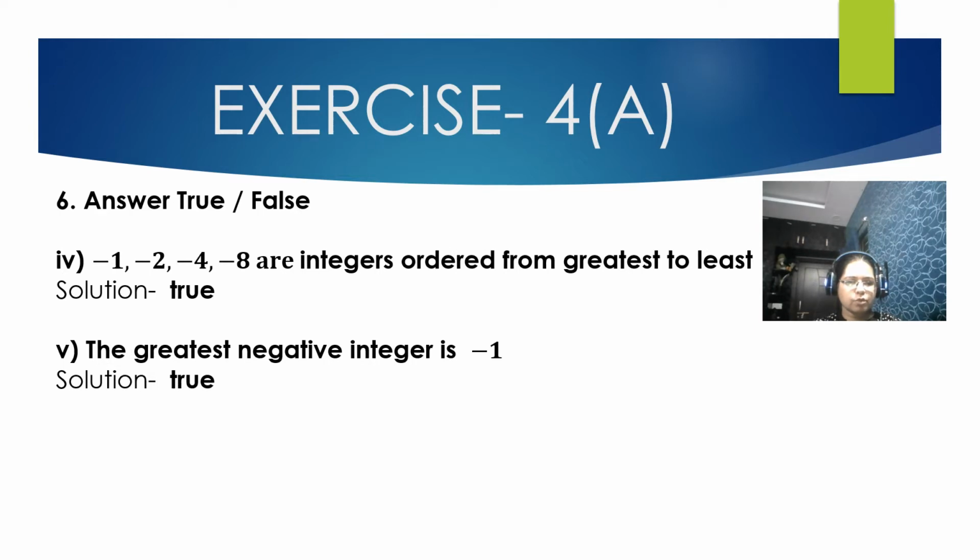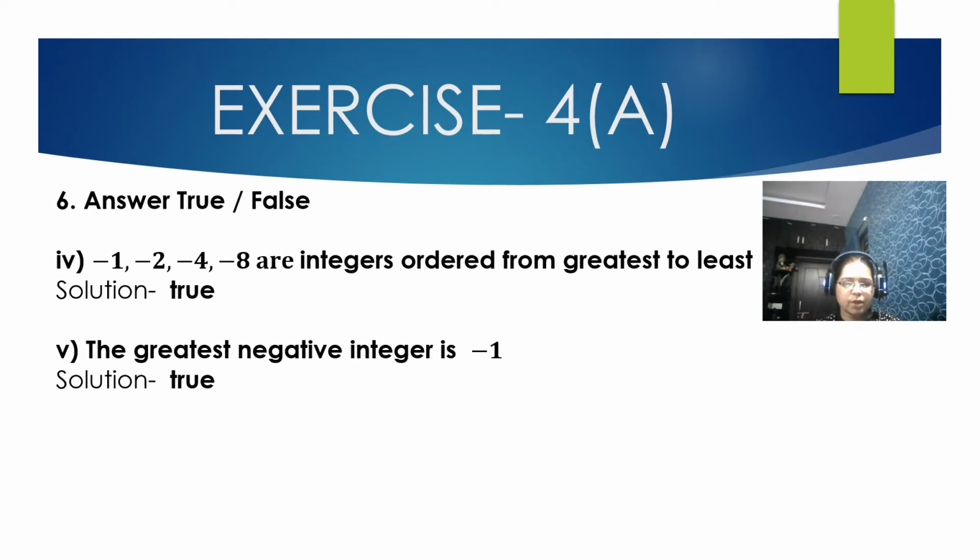Now we'll solve the 4th bit. The 4th bit is minus 1, minus 2, minus 4 and minus 8 are integers ordered from greatest to least. This is true. We know 1 is less than 2 is less than 4 is less than 8, if we place the natural numbers from smallest to greatest.